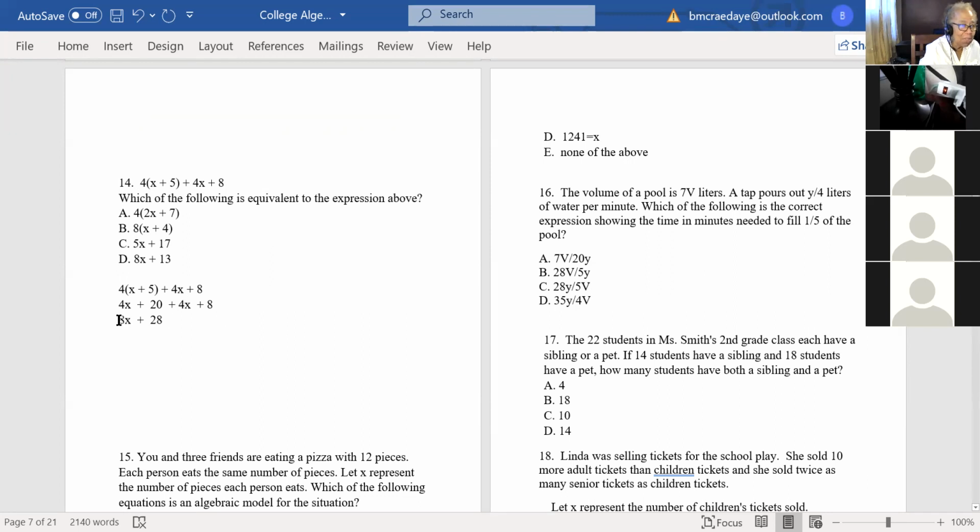What number, Chastity, can you divide into 8 and also divide into 28? What number divides into 8 and also divides into 28? What is that number?